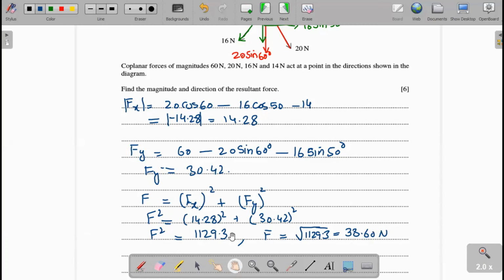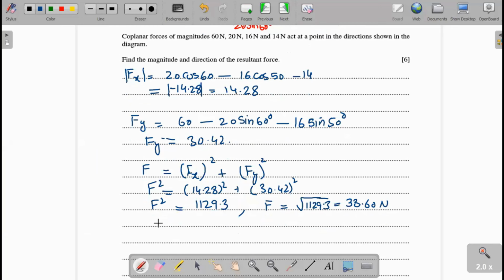And to find the direction, we know that the direction theta is equal to tan inverse of Fy over Fx. Here the component Fy is 30.42 divided by Fx, which is 14.28. Now we calculate it.